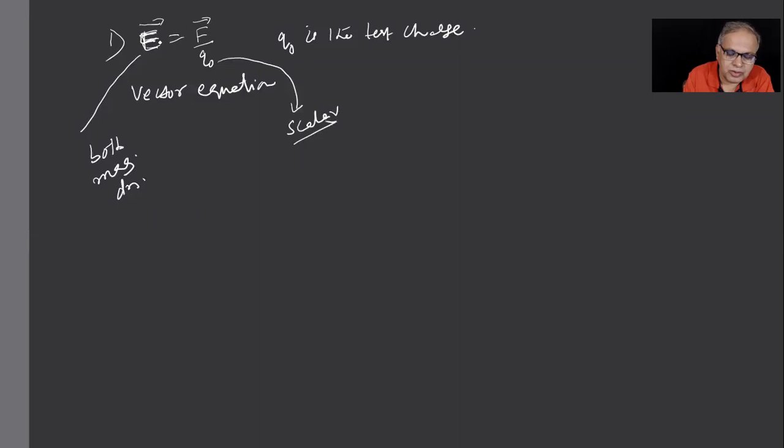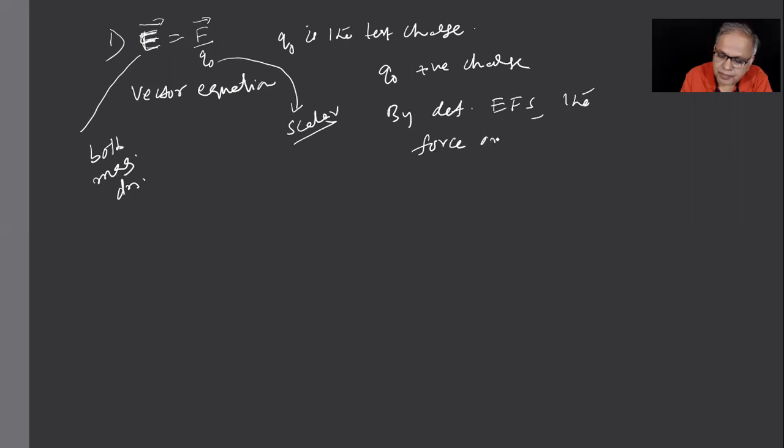But remember, Q naught is a positive charge. By definition, electric field strength is the force on a unit positive charge, right? But that's a scalar quantity.